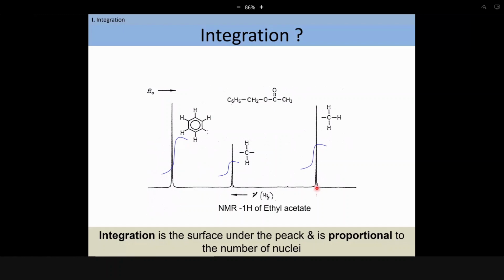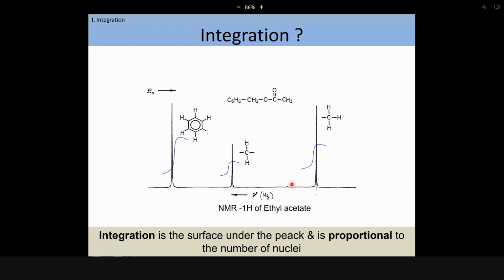Here, it's just like in HPLC. We can measure the surface under the peak, and the value of this surface is directly depending on the number of protons in the group.